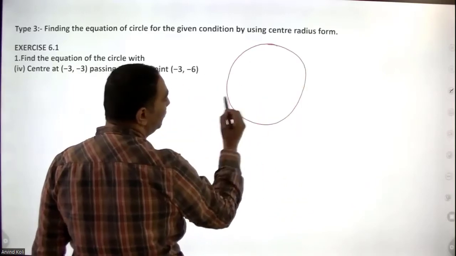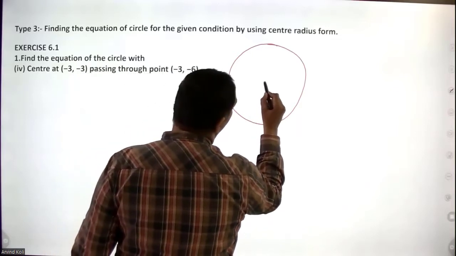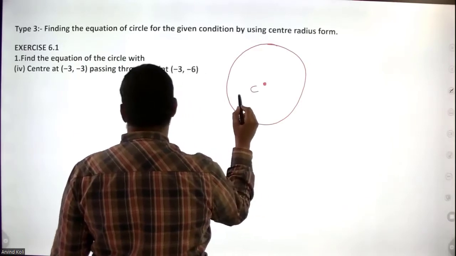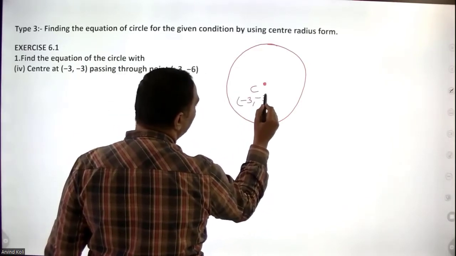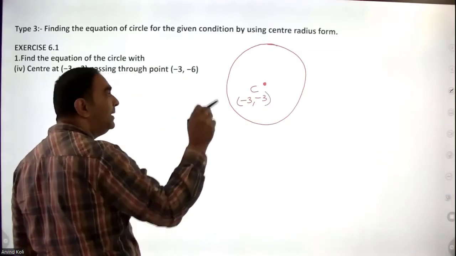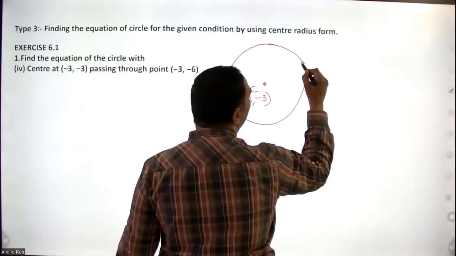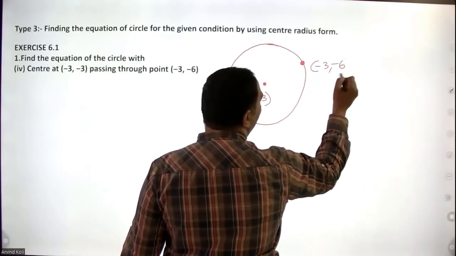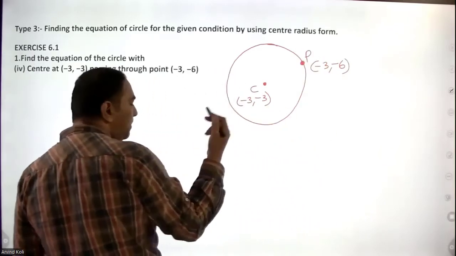There is a beautiful circle, and the center of the circle, let us call it as C. It is equal to minus 3, minus 3. ये point को कुछ भी नाम दे सकते हैं. Let us call it as point P.